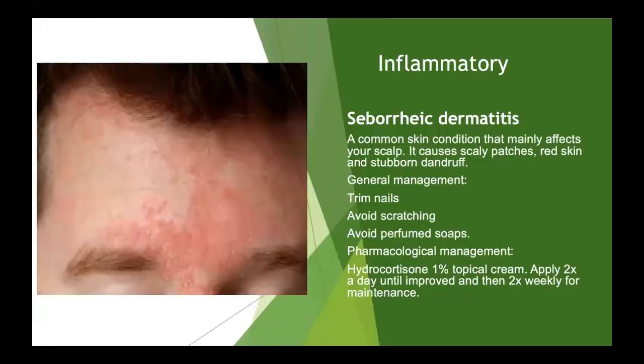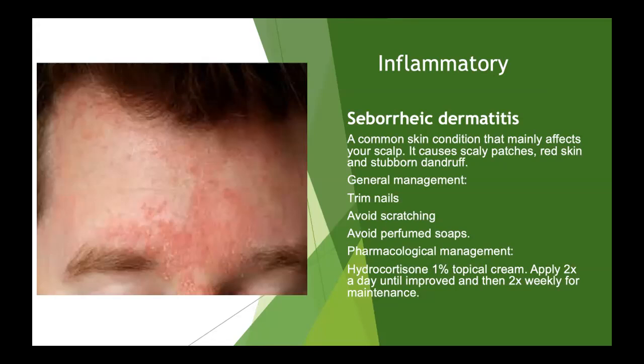So under the inflammatory ones, this is seborrheic dermatitis. It's a common skin condition that mainly affects your scalp. It causes scaly patches, red skin, and stubborn dandruff. So for the general management, we just have to trim our nails, as that would be a medium of spreading.